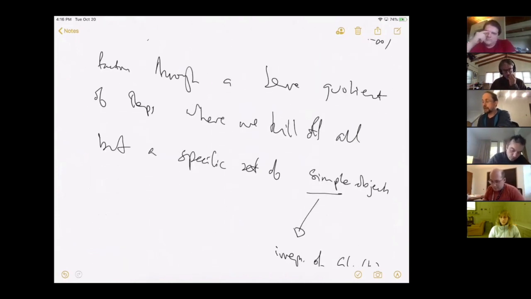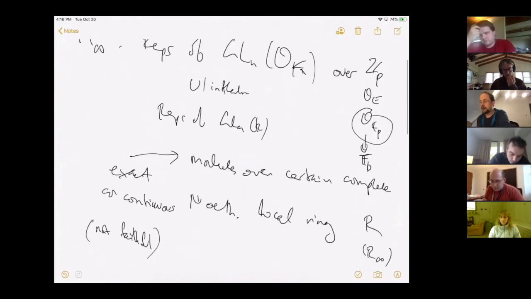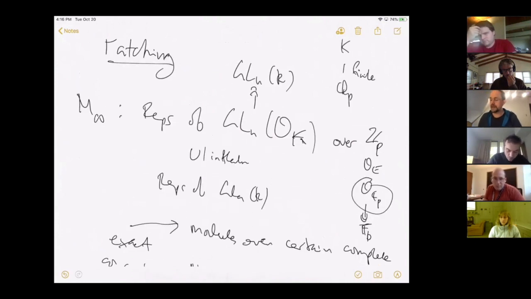One thing I could say about this functor, although it probably won't come up too much in the rest of what I say, is that it's actually defined on a category which contains reps of GL_n(O_K), but has more morphisms. As well as the obvious morphisms in that representation category, there are Hecke operators. In other words, you can take reps of GL_n(O_K) and you can induce them up to reps of GL_n(K).